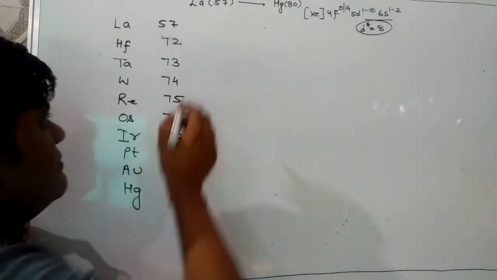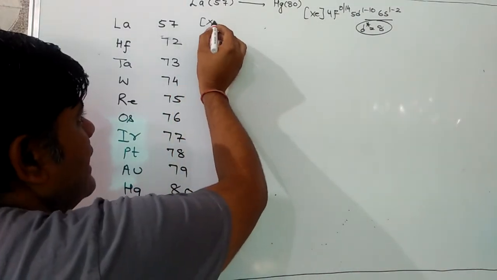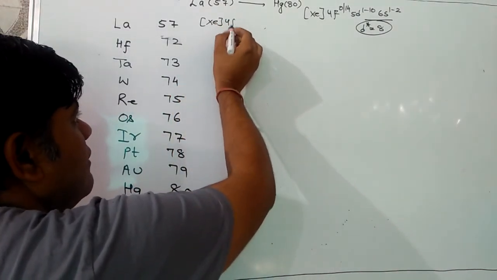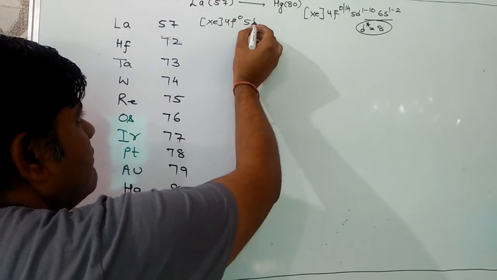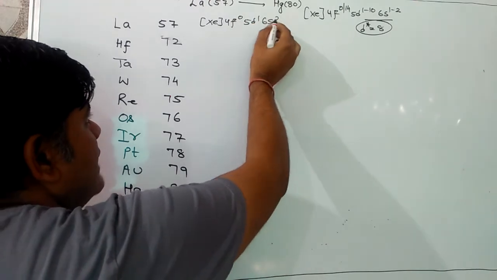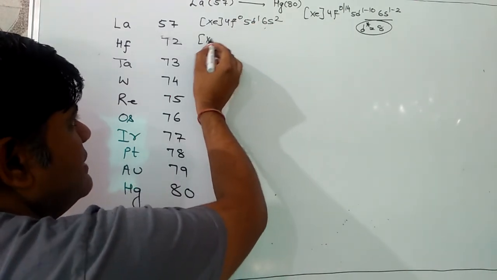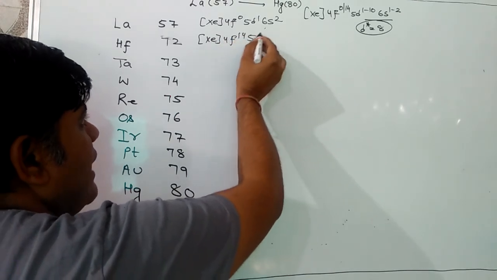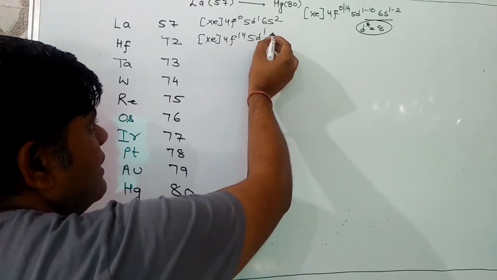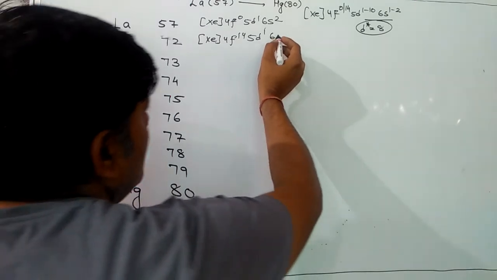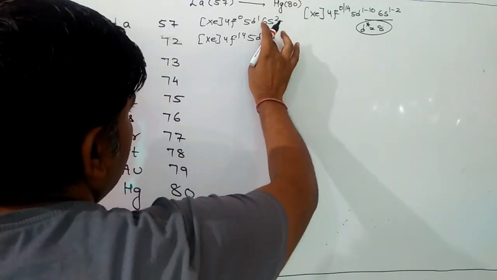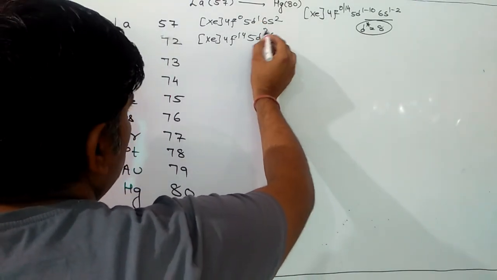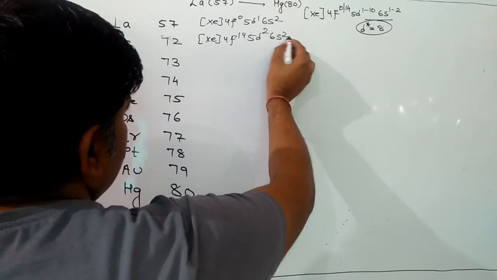For lanthanum, the electronic configuration is xenon 4f0, 5d1, 6s2. For hafnium, it will be xenon 4f14, 5d2, 6s2.